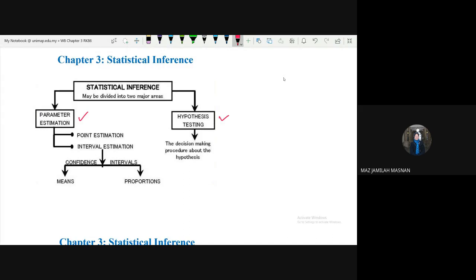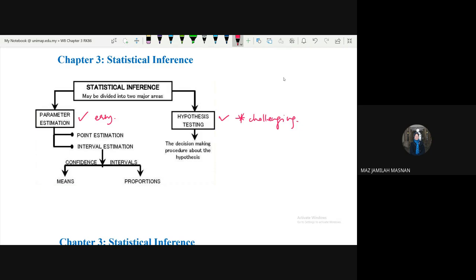Compared between parameter estimation and hypothesis testing, I think hypothesis testing would be a bit challenging. Parameter estimation is kind of easy because it is straightforward, but it requires your meticulous touch whenever you do the solution.